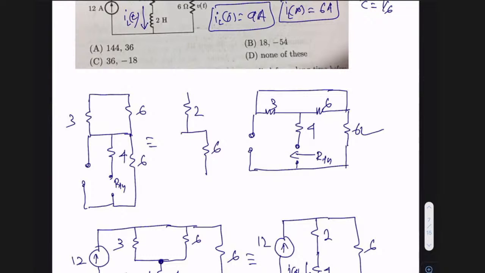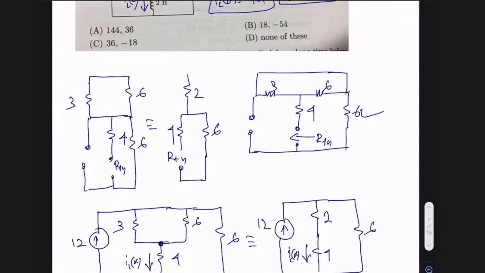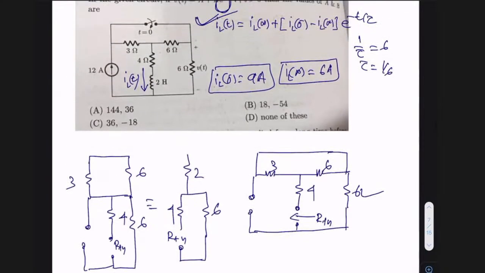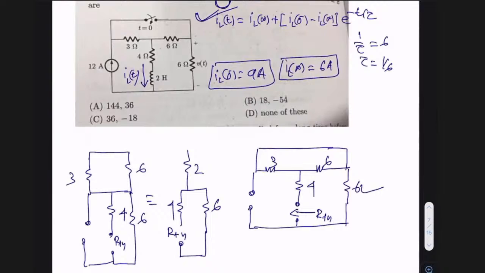This is 6, this is 6, 6. And this is your 4. And from here, you are finding this RTH. Is this fine? This is open circuited. Okay, fine.